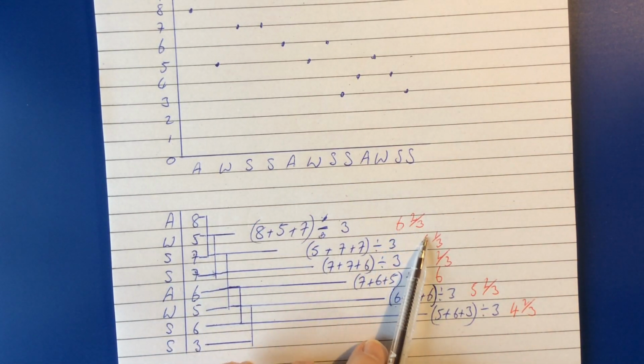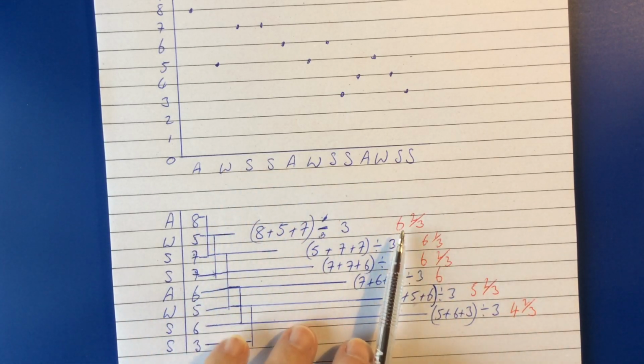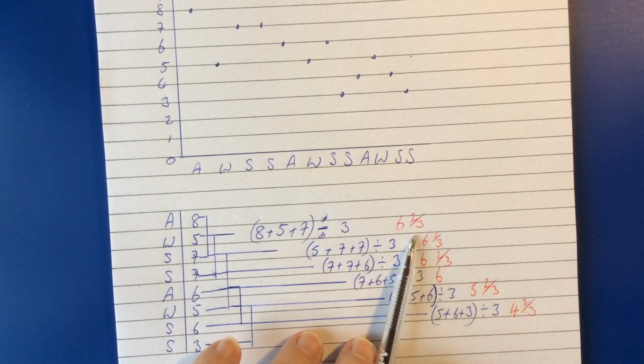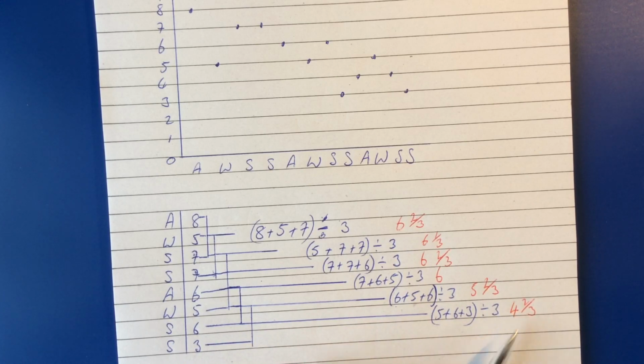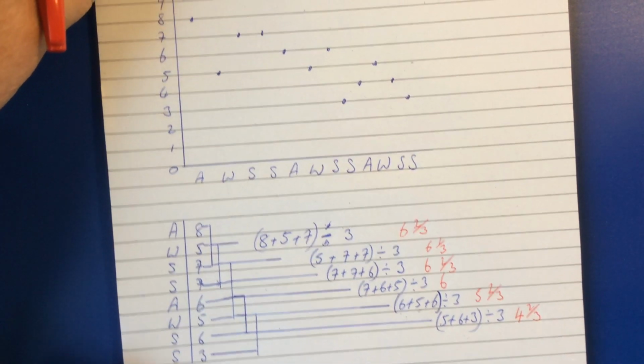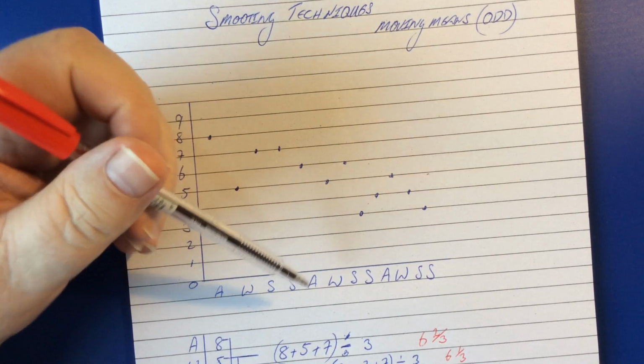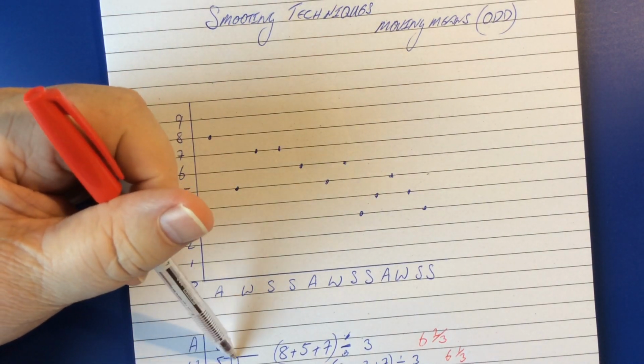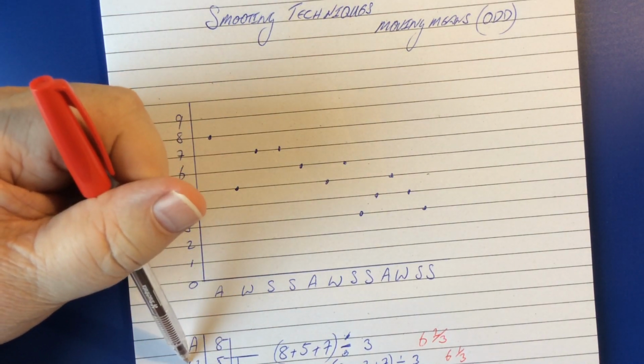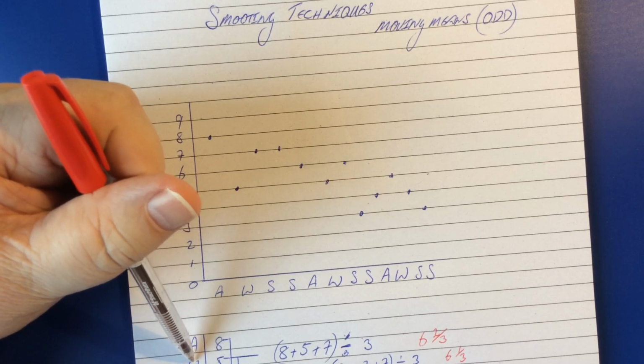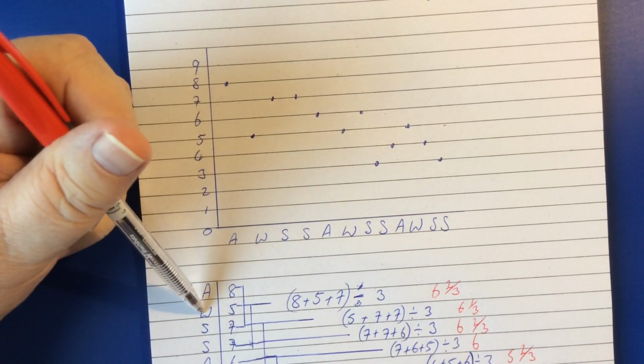So these are the moving means, the means of 3 points moving left to right as we go through this. And what you can see is that the numbers are falling off. Now let's plot this. The important thing to note is that our first plot is in line with the second piece of data here.